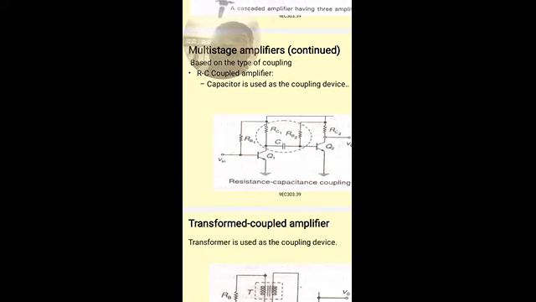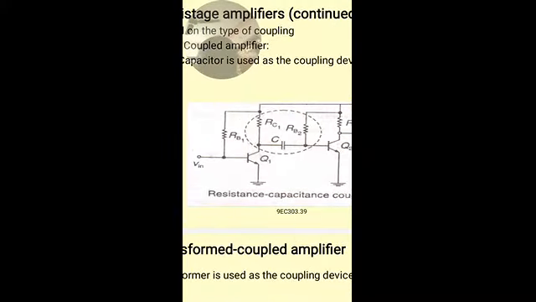So when we connect the output of one stage as input of the next stage, this coupling may be employed in different ways. If the coupling between the output of the first stage to the input of the next stage is done by using a resistor and a capacitor, it is called an RC coupled amplifier.